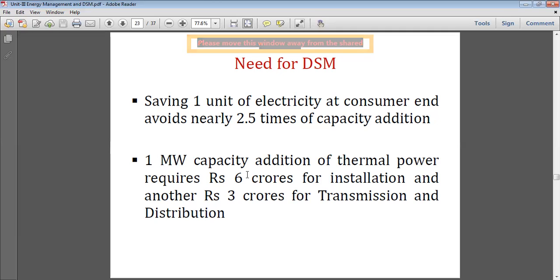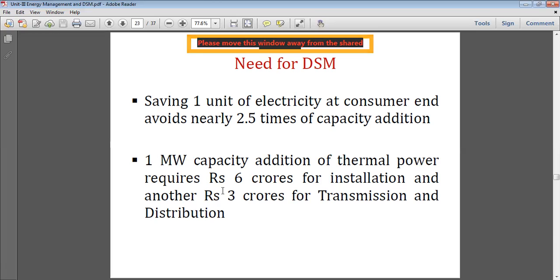By adding one more transmission line, it requires some land and some infrastructure, conductors and towers. So 3 crores, so nearly 9 crores are needed for 1 megawatt of additional generation. So if you want to install 100 megawatt, then 900 crores of rupees are needed to install the 100 megawatt power plant.